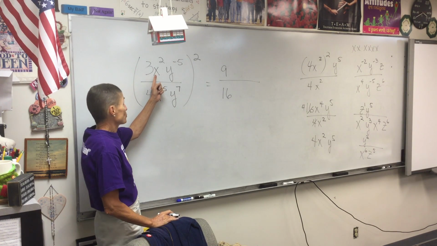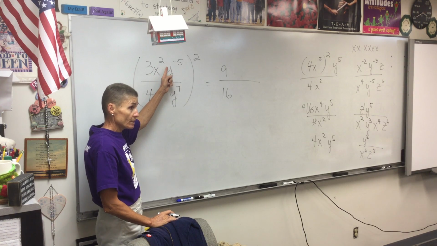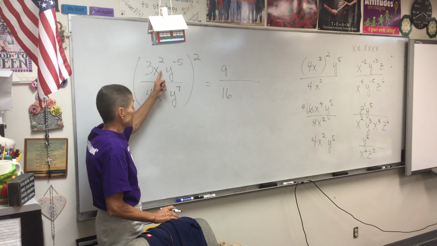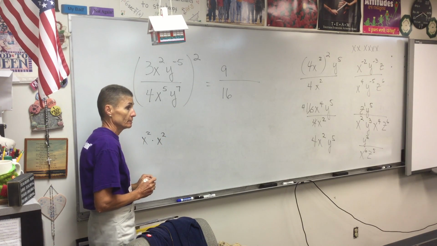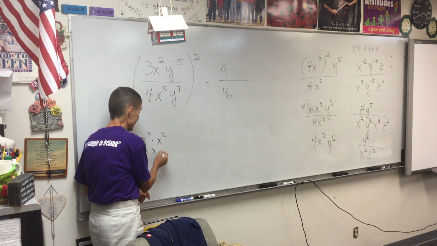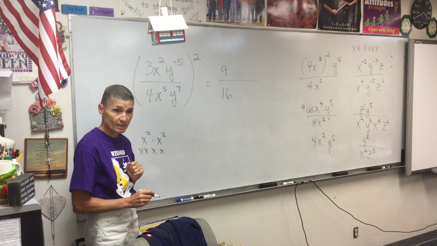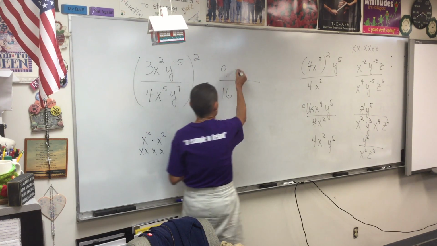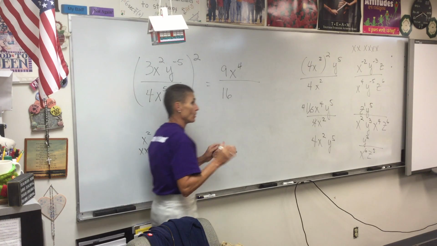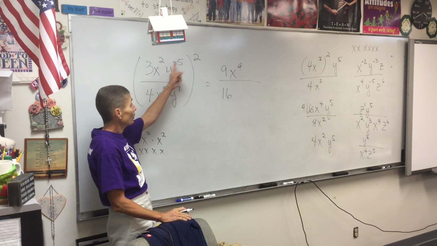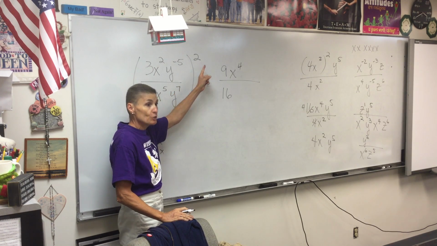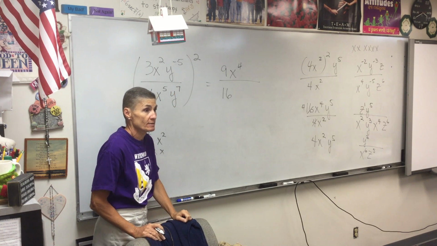Now, when you square x squared, that means x squared times x squared. So that's xx, xx. So that's going to be x to the 4th. For those of you that remember the rules, when you raise a power to a power, you multiply the exponents.